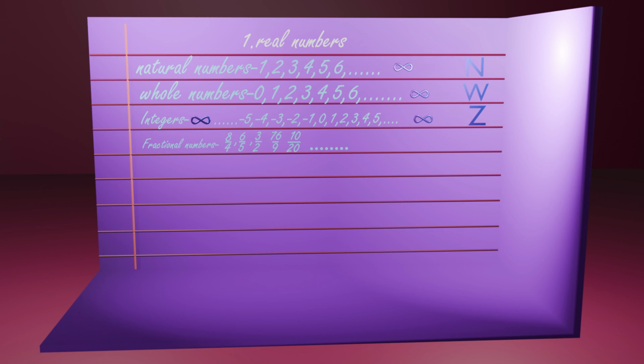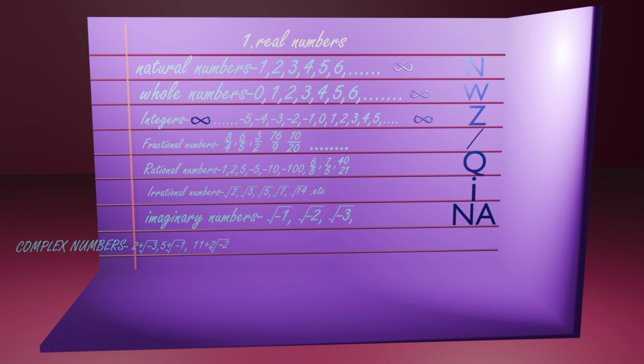They represent a small part of whole number. And the symbol is slash. We will learn more about rational and irrational numbers later in this chapter. Rational numbers symbol is capital Q and irrational numbers symbol is capital I. Imaginary and complex numbers will be studied in class 11th and 12th.